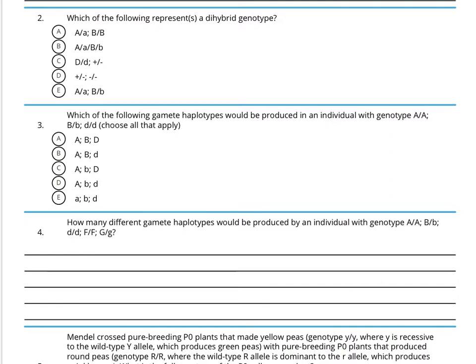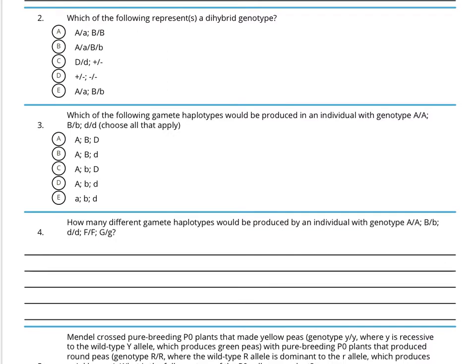So dihybrid genotype, what are we looking for? About two-thirds of you got this one right. Di means we're looking for two genes, and hybrid indicates heterozygosity. How do we know how many genes we're dealing with in a genotype?